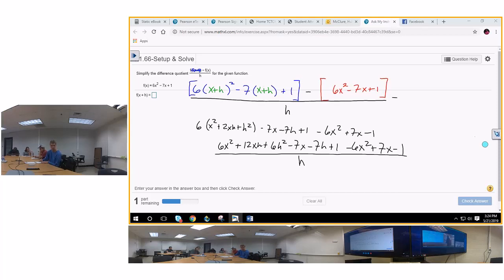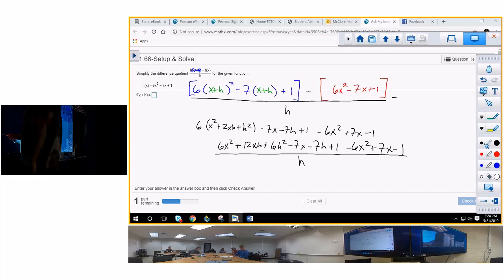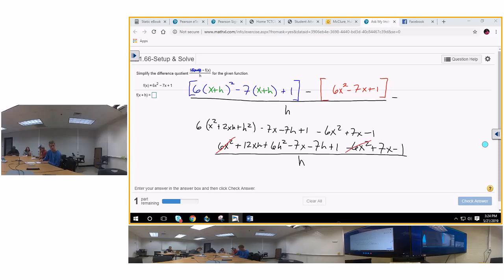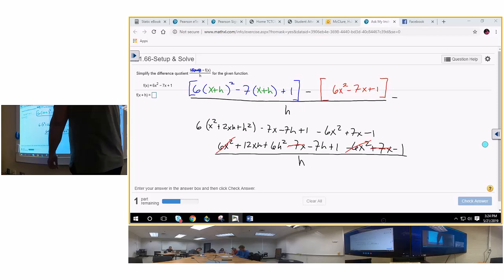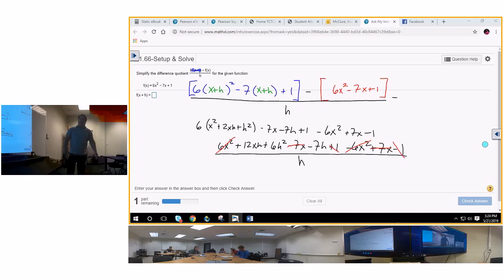Take our red pen out. And what happens to the 6x squareds? They're going to cancel out. 7x should cancel, and the 1's cancel. And you should be left with all h terms. Most of the time, that's what's going to happen.